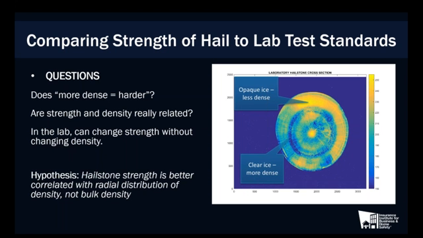And so I have a nice kind of pretty image process of a lab hailstone that we produced, showing the kind of differences in the layered structure. The opaque ice shows up as the warm colors where you can't quite see through the cross-section, and the clear ice, which is more dense, shows up as the cooler colors where you can see the background. So how does that change with radius in a hailstone, and how does that affect the strength?